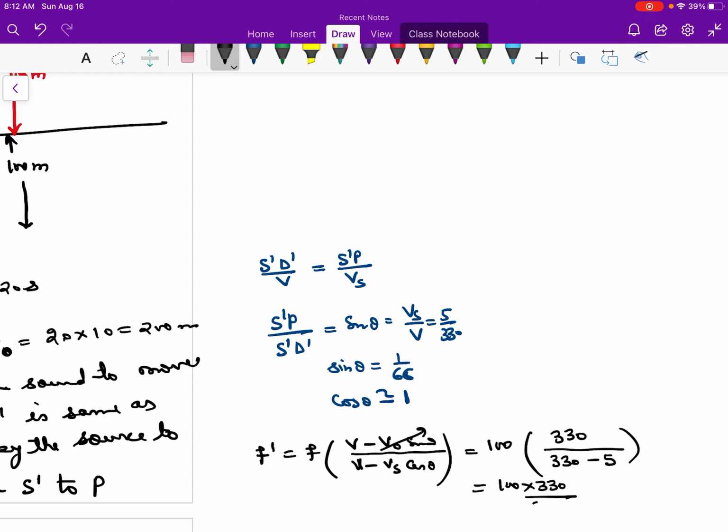So this is 100 into 330 upon 325. 25 fours are 100, 25 ones are 25, 4 threes are 12, 1320 upon 13. So this is 330 upon 325.